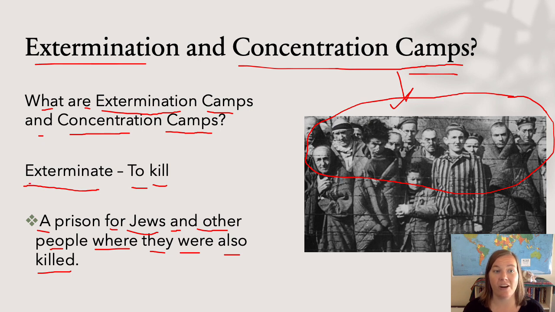So when we hear exterminate, it means to kill. That's why an extermination camp means a prison for Jews and other people where they were also killed. Now let's practice. What are extermination camps and concentration camps?